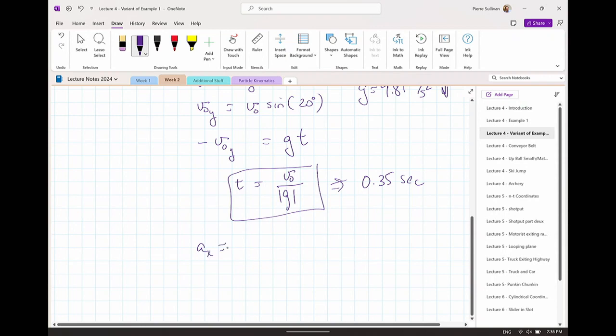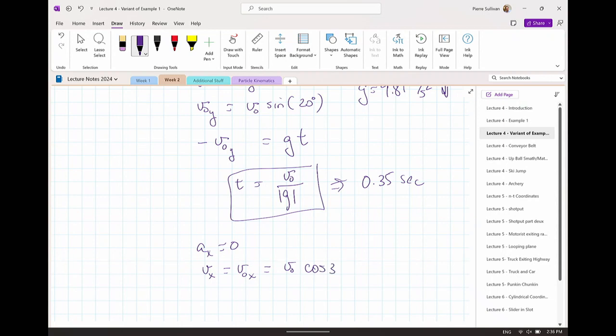Acceleration in x is equal to 0. Vx equals v naught x, which equals v naught cos of 30, or sorry, not 30, 20 degrees.